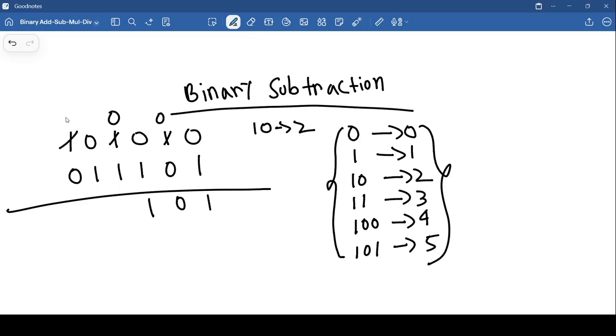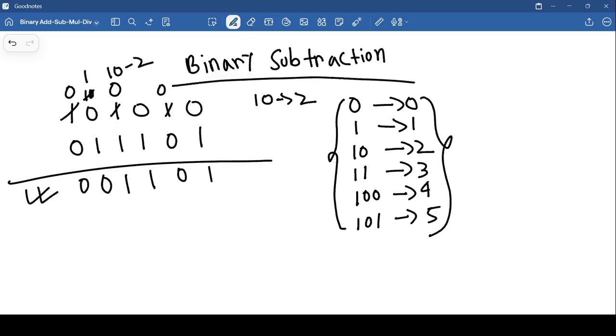So it will become 0 and it will become 10, and then this number will take borrow from here. So it will become 1 and it will become 10. And 10 means 2. So 2 minus 1 equal to 1, and 1 minus 1 is 0, 0 minus 0 is 0. So this is the answer for our binary subtraction.